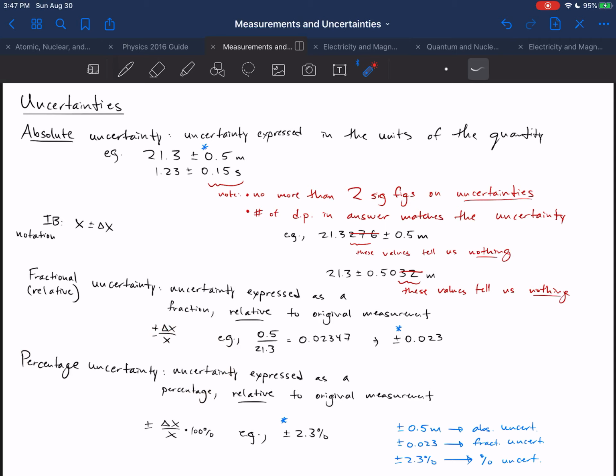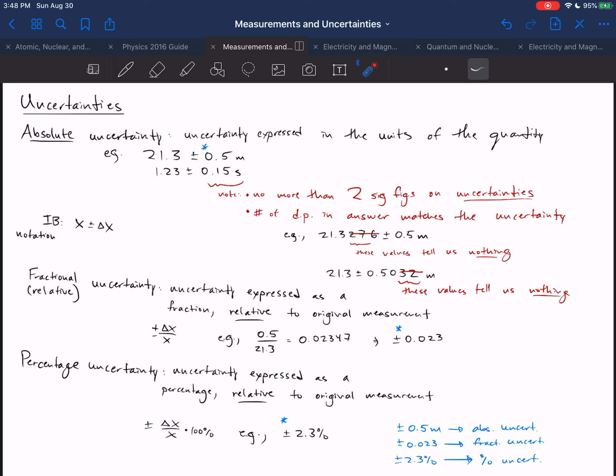And notice that you can go from one back to the other because the fractional uncertainty is just equal to plus or minus delta x over x, and the percentage uncertainty is just equal to plus or minus delta x over x times 100%. You can go from these back to this if you want to, or vice versa.